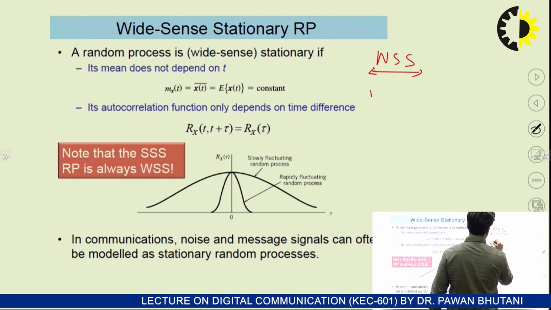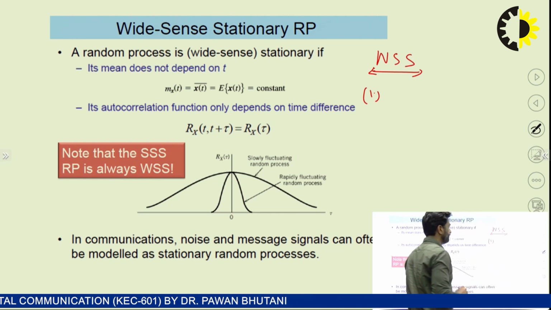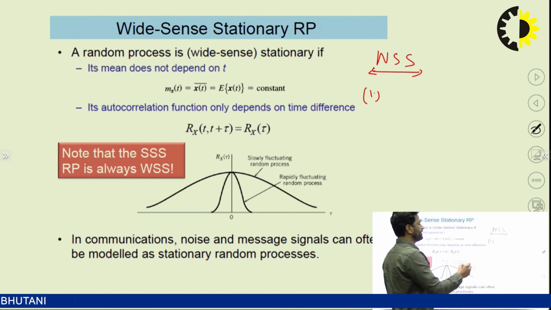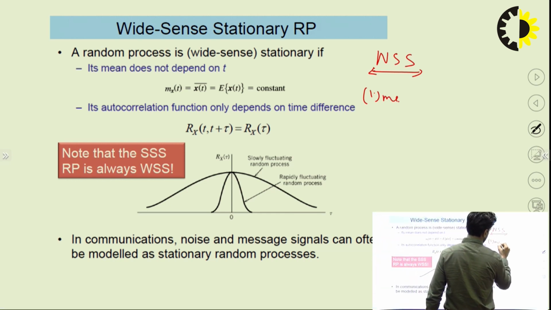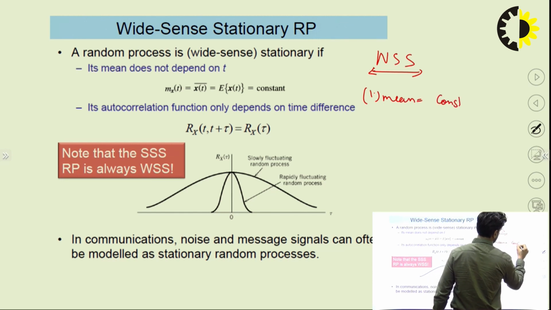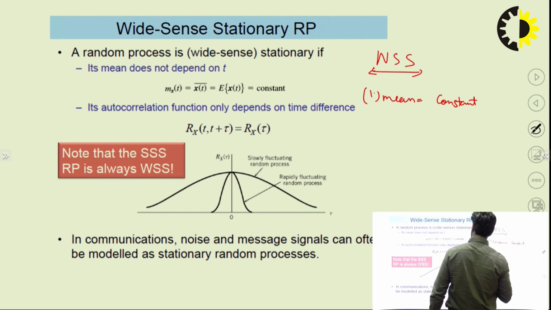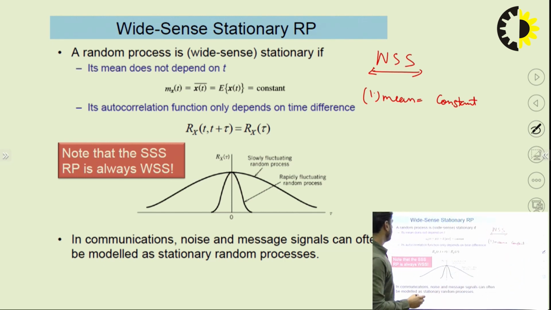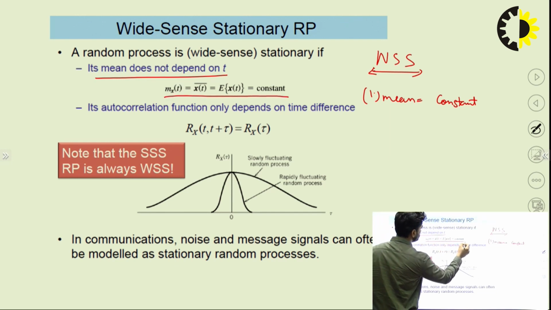For checking whether a process is WSS, wide sense stationary, we have to find the mean. It should be constant, independent of time, giving a constant value.